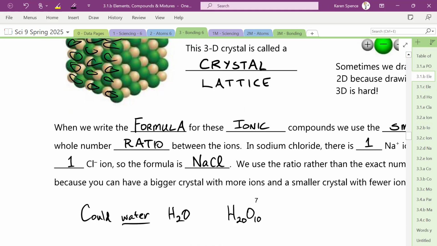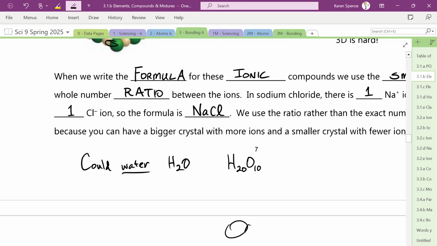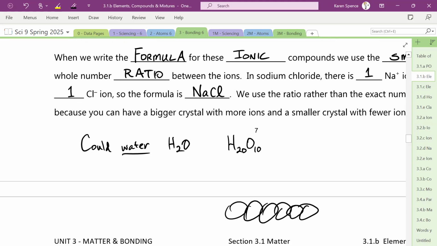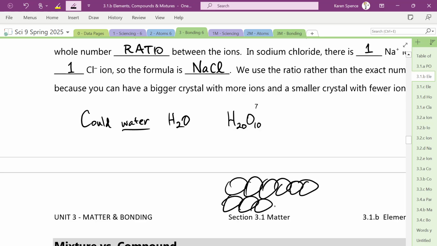Can you imagine a water molecule where you had 10 oxygens, 1, 2, 3, 4, 5, 6, 7, 8, 9, 10 with 20 hydrogens? That's one molecule. Do we like that? No, because water is H2O. It's never bigger than H2O. You never have a larger particle of H2O.